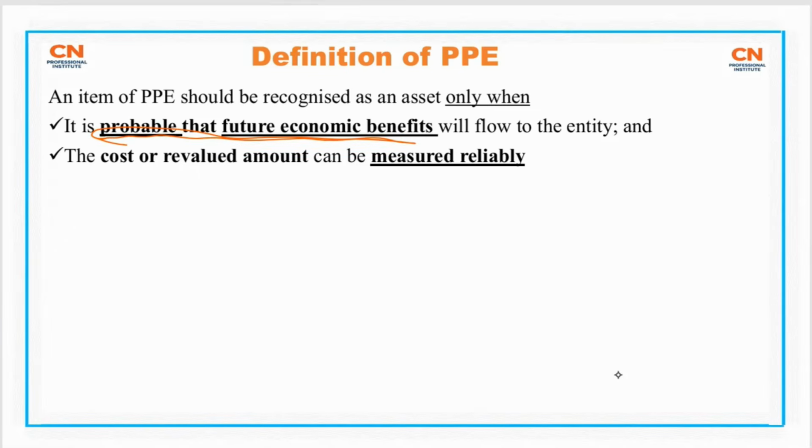So we record PPE in our books when it is probable that future economic benefits associated with that PPE will flow to the entity and the cost can be measured reliably.